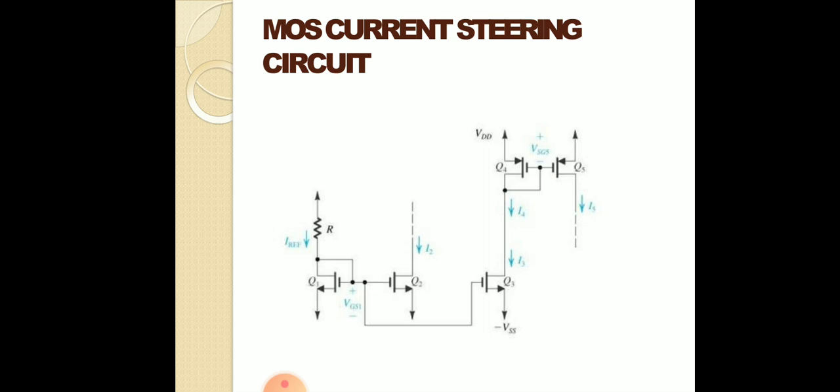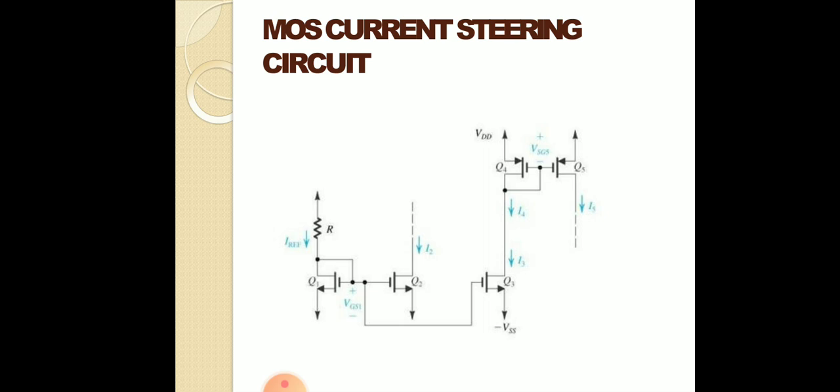In the MOS current steering circuit, as we see from the slide, IREF is set by Q1 and R. Q1, Q2 and Q3 form a two-output current mirror. I2 is equal to IREF times (W by L)2 divided by (W by L)1, and I3 is equal to IREF times (W by L)3 divided by (W by L)1.